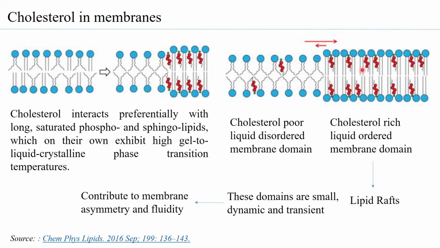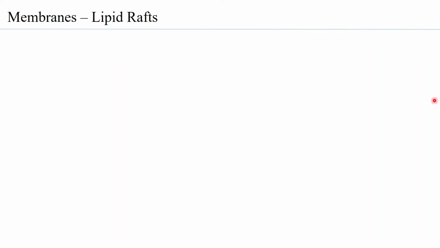That is, if you have these microdomains being formed, obviously this being much ordered, you will find the fluidity much less over here. And also you would find that the symmetry of the membrane is no longer there. If you have a line of symmetry here, this phase is very different from this. The thickness is different over here, the thickness is different over here, and that is definitely something that is contributed by the cholesterol.